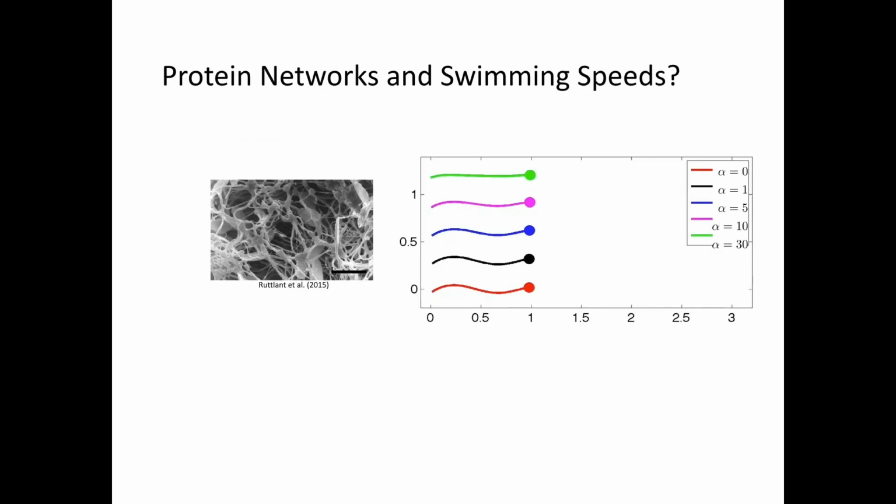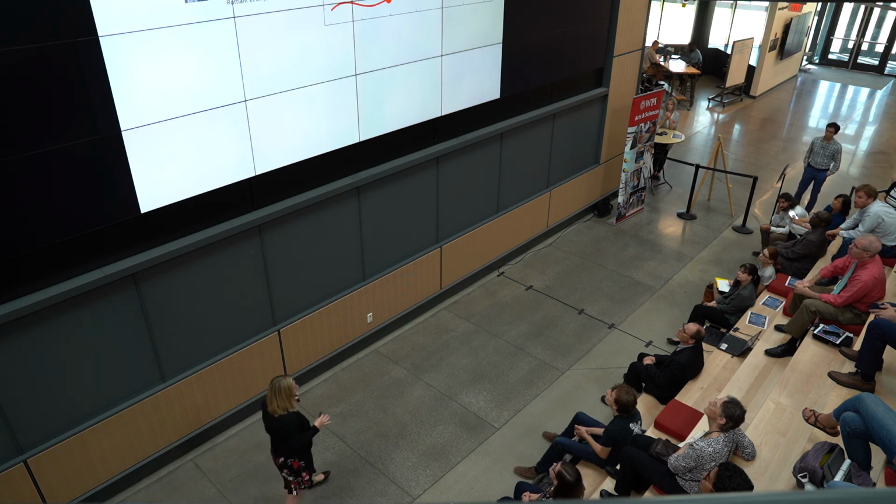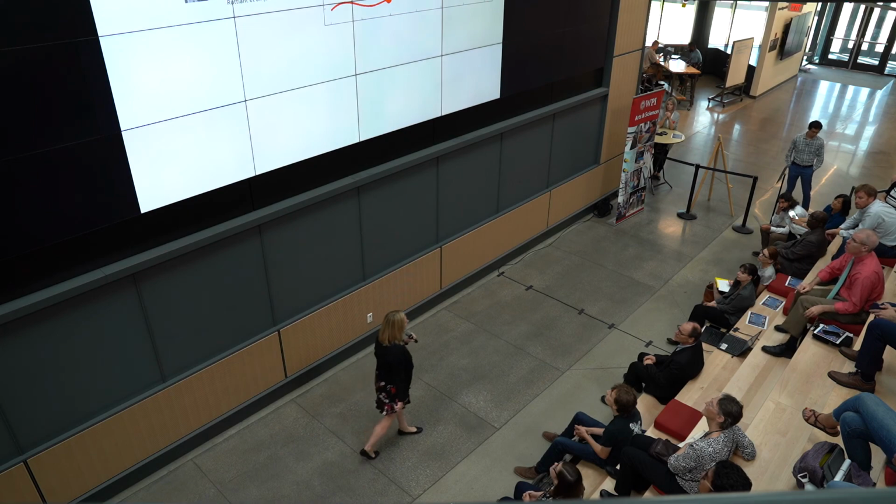Other things that we can do with these modeling approaches is start to investigate different types of fluids that a sperm may encounter. I don't know if you can see some sperm heads in that image there, but these are some messy fluids that have lots of different proteins, and the sperm is going to swim through a wide variety of different volume fractions.